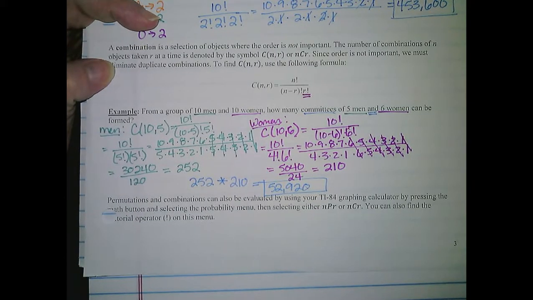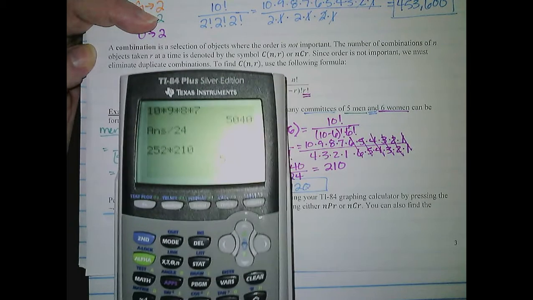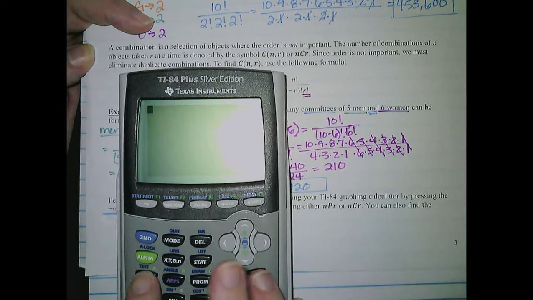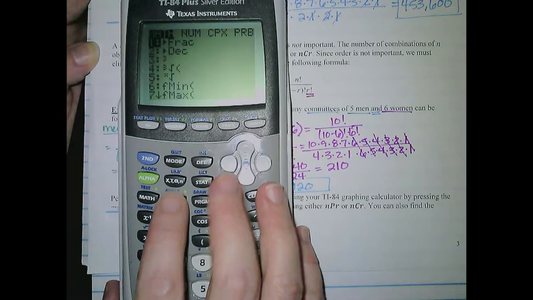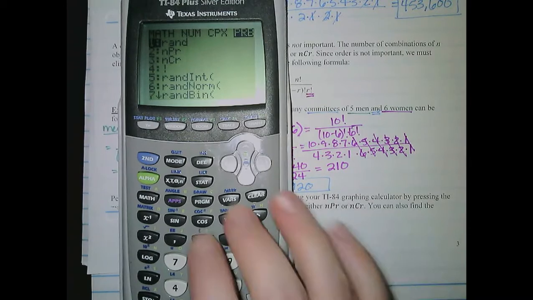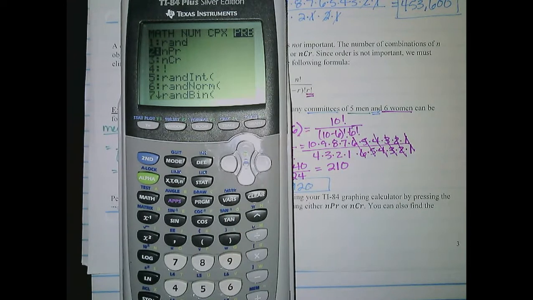If you press the math button and you go to your probability menu, this is the menu where we used option 5 for our random number generator. Notice options 2, 3, and 4. Your command for your permutations is going to be option 2, your command for your combination is option 3, and if you just want to type in a factorial, that's going to be option 4.